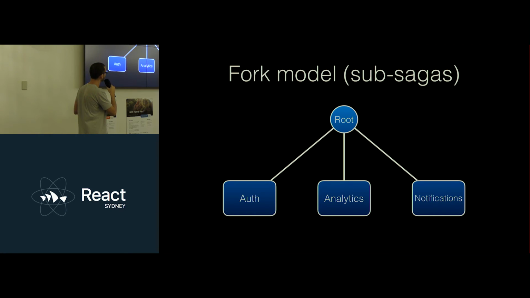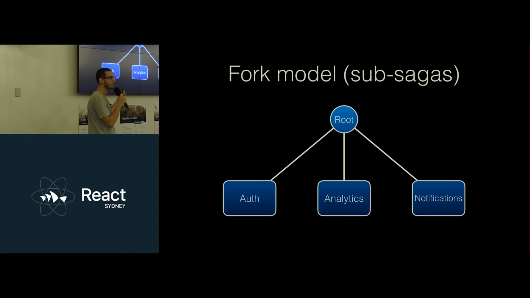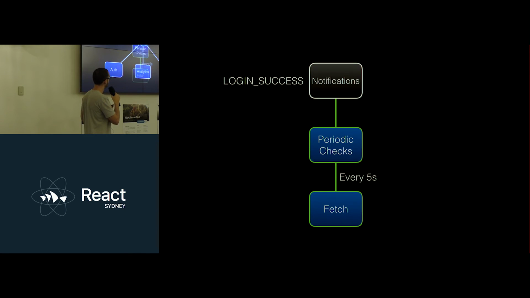So when our application starts, we fork 3 different sagas. They run concurrently to each other, independently. But let's focus on the notifications saga. When it receives a login success action, it forks these new periodic checks, and every 5 seconds it forks this new one to actually fetch our data.